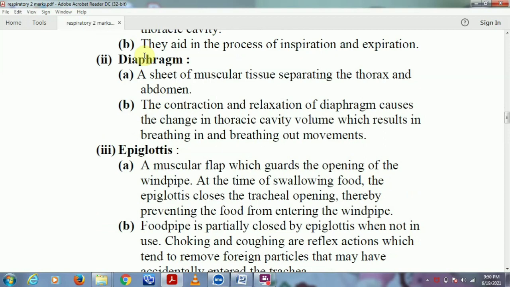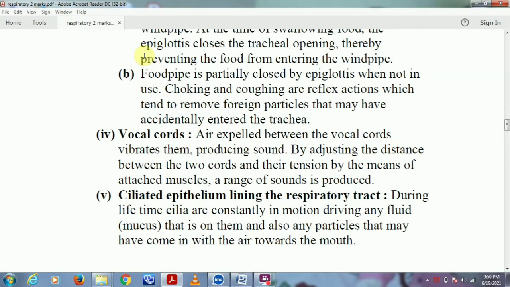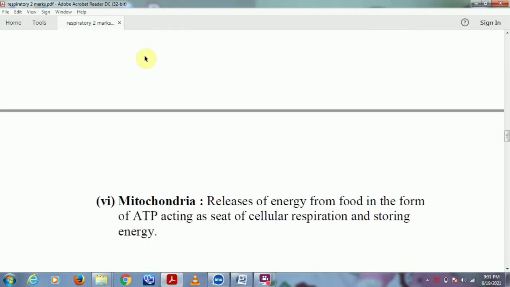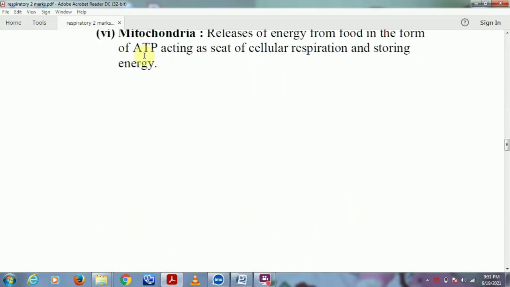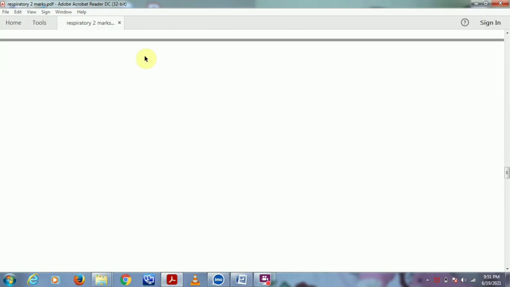It closes the air passage when food passes, and closes the food passage when air passes. What are vocal cords? Air expelled between the vocal cords vibrates them, producing sound. Ciliated epithelium is the inner lining wall of the respiratory tract. So these are the questions from the respiratory part.